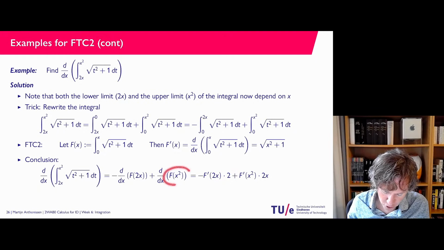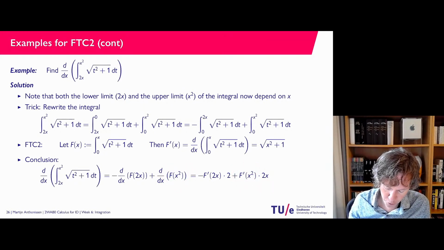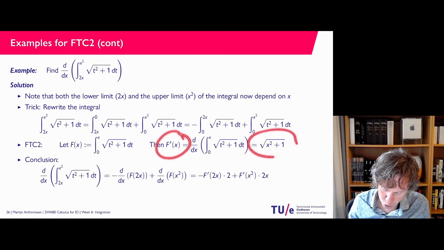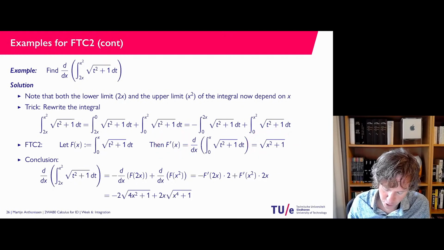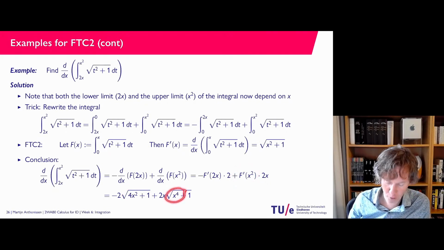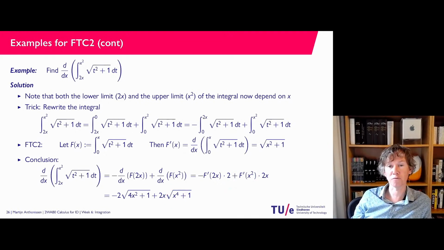And if I differentiate this thing, I find f prime at x squared, and with the chain rule an additional 2x. And now I can just plug in that f prime equals the square root of x squared plus 1. And if you do that, you see that f prime of 2x gives a 4x squared plus 1. And the f prime of x squared gives here an x to the power 4. And this is the derivative that was being asked.